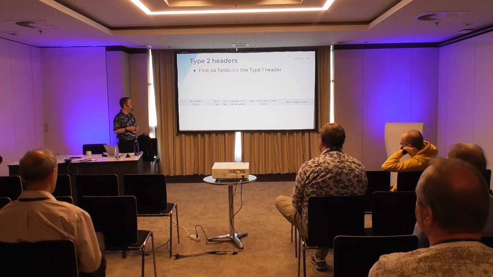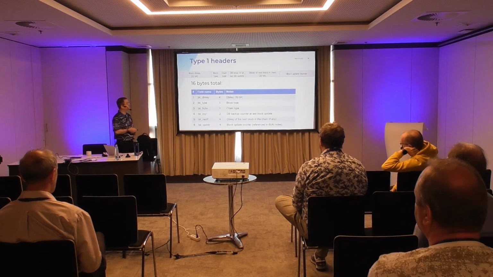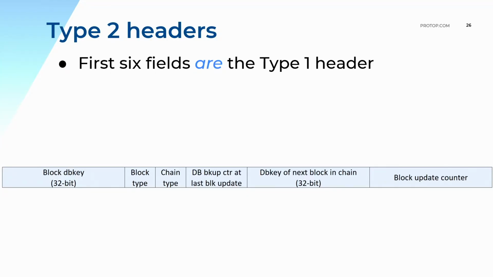Okay, type 2. This should look familiar because it's just that. So the first 6 fields of the type 2 header are the type 1 header. So type 2 isn't a brand new header format. It's simply an extension of the existing type 1 header.